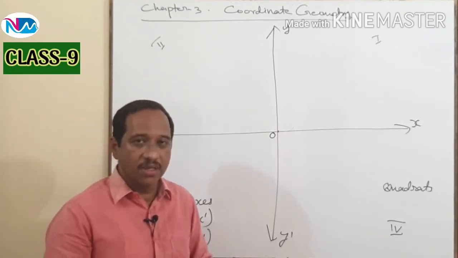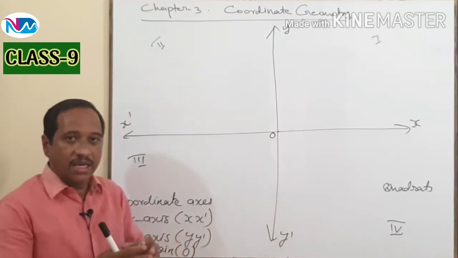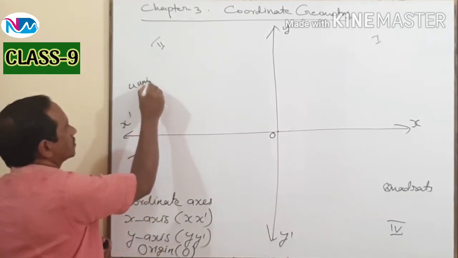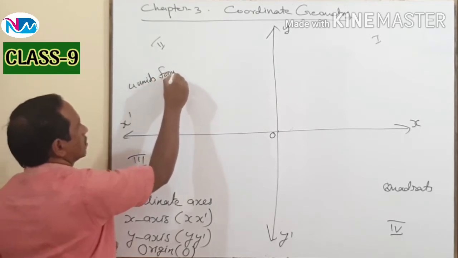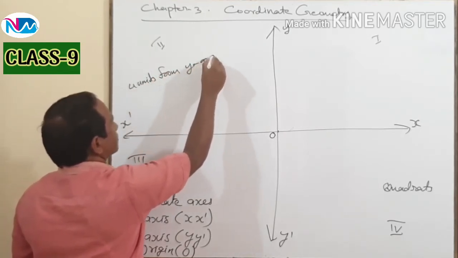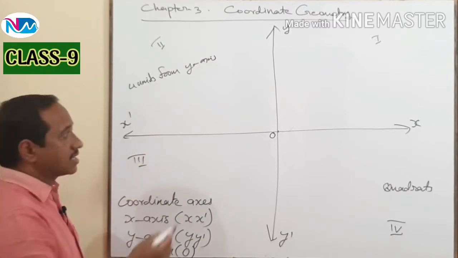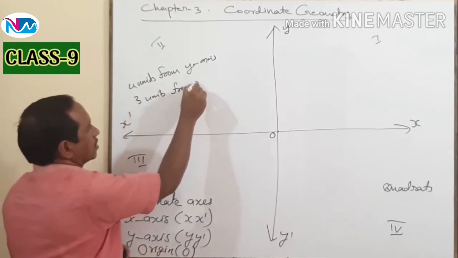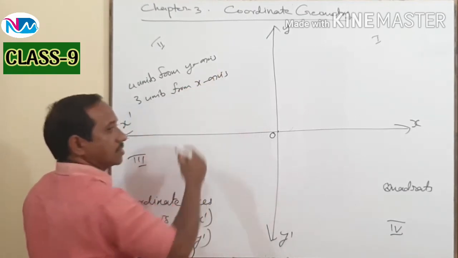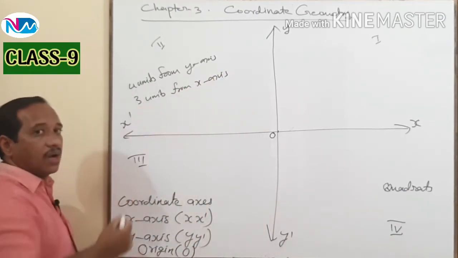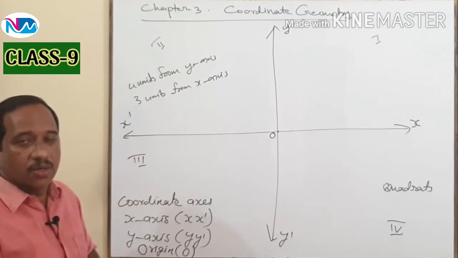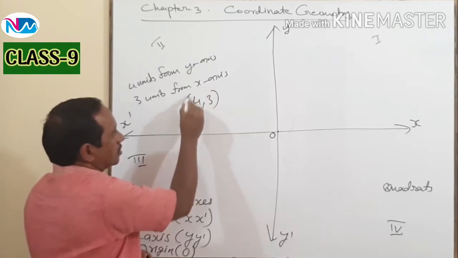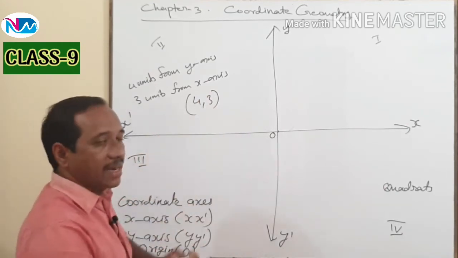For example, if you say that a point is at a distance of 4 units from y-axis and it is at a distance of 3 units from x-axis, these 2 values are called coordinates of a point, generally written as (4, 3) in a bracket.